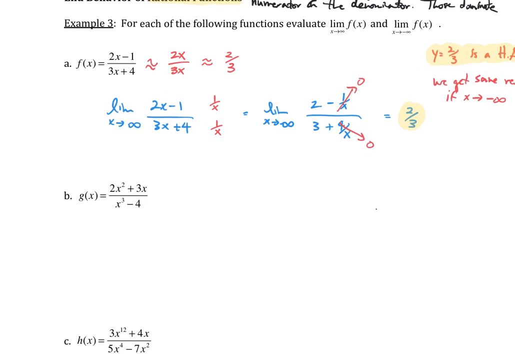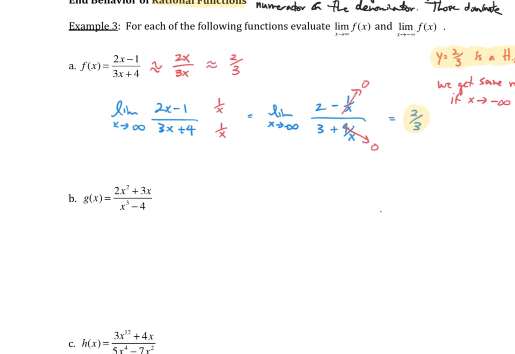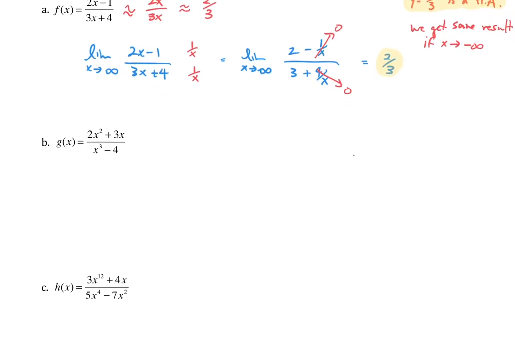Let's take a look at example 3b here. Let's think about it first before we formally calculate any limits. The leading term of the numerator is basically 2 times x squared, and the leading term for the denominator is basically x cubed.